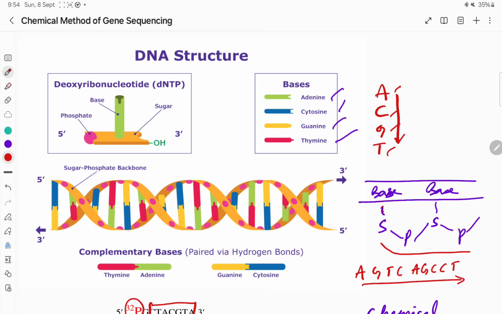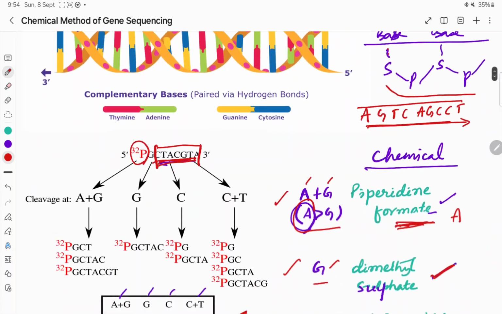The base sequence we actually know through this technique of gene sequencing or DNA sequencing. So whatever the base sequence is in one strand, that we can know, and from that the other strand can also be known.